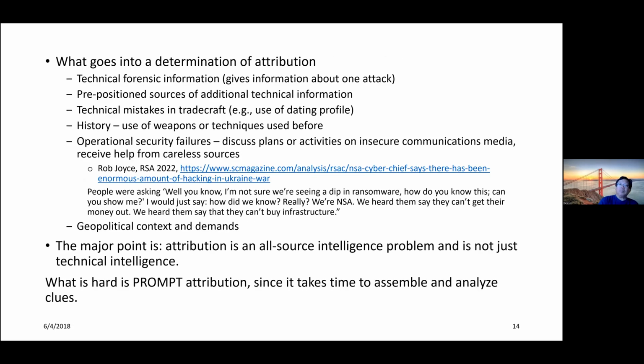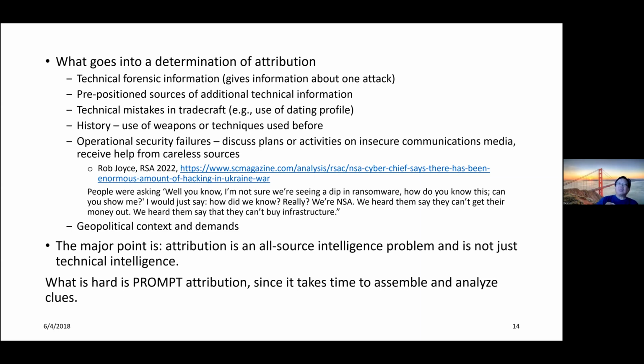What goes into a determination of attribution? There is the technical forensic information, which gives you information about one attack. But maybe you've instrumented somebody else's network, and so you're seeing the attack come up.